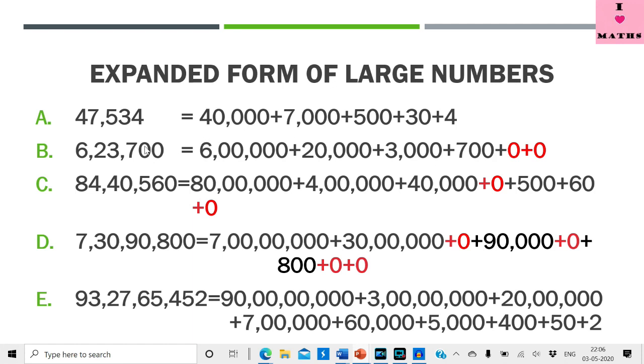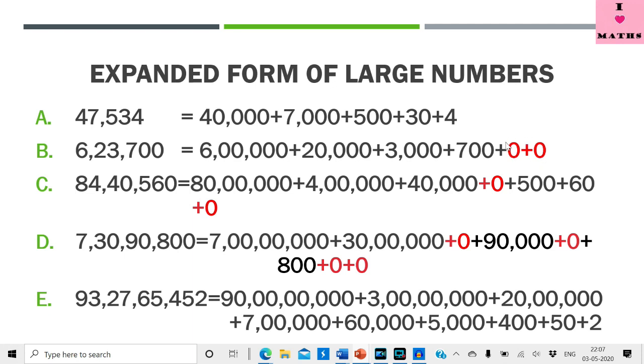Now, in the number, there are no non-zero digits left. So if you want, you may put plus 0 plus 0. But you may not put these zeros at all. Why? Because 5 plus 0 is 5. 23 plus 0 is 23. 748 plus 0 is 748.